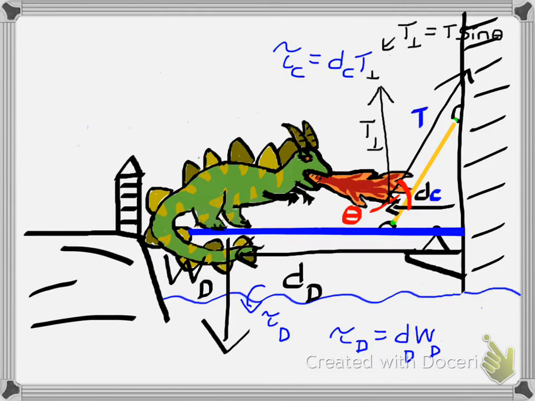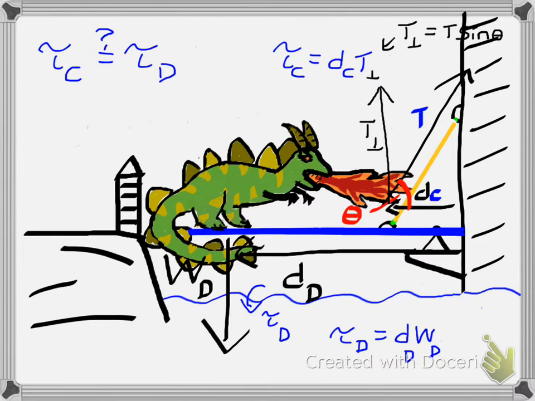Now that T sine theta is the perpendicular component of the tension, because that's what a torque is about: the perpendicular component of a force times the position the force acts from a pivot. Thus, is the torque of the chain equal to the torque of the dragon?